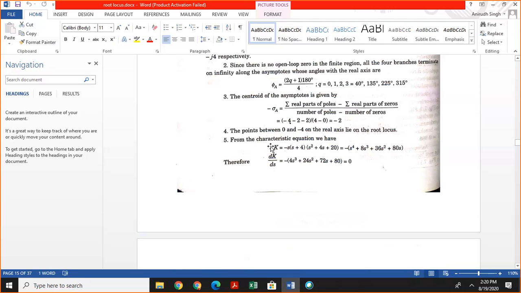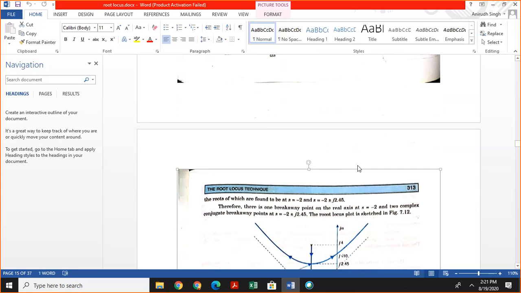Then we have to determine breakaway point, and this is the characteristic equation. Characteristic equation is given by 1 plus G(s)H(s) is equal to 0, and if we differentiate this characteristic equation with respect to s and equate dK by ds is equal to 0 and calculate the roots, we get the value of breakaway point.